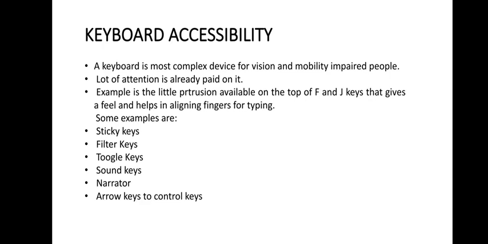One more option is there. You can see at the end, arrow keys to control keys. So these arrow keys are going to control some other devices. Arrow keys are basically available on the keyboard, and for physically disabled people, we use arrow keys to control the mouse, because as we know, one category is mobility impaired users, who have problems moving the mouse.